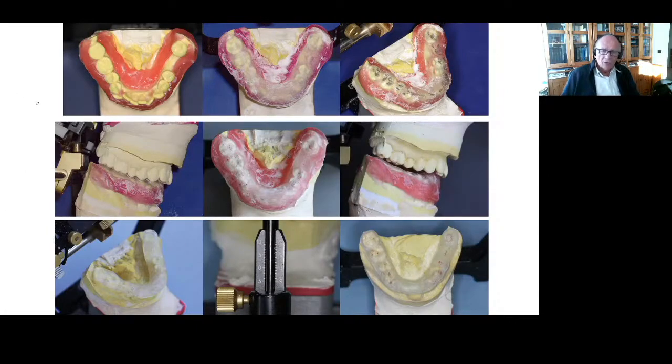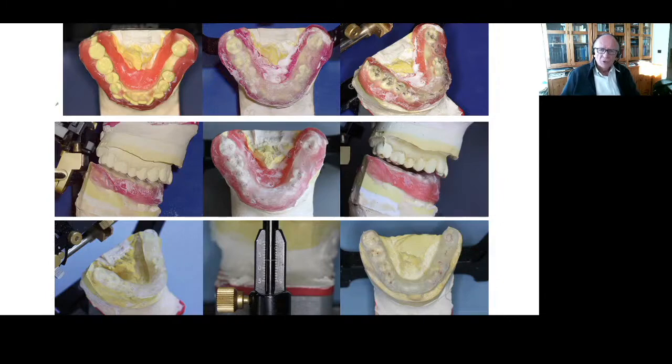The realization of the splint is done on the articulator. It is very difficult to adjust the splint only in mouth. It takes a very long time, and the result is not very good. So articulator.